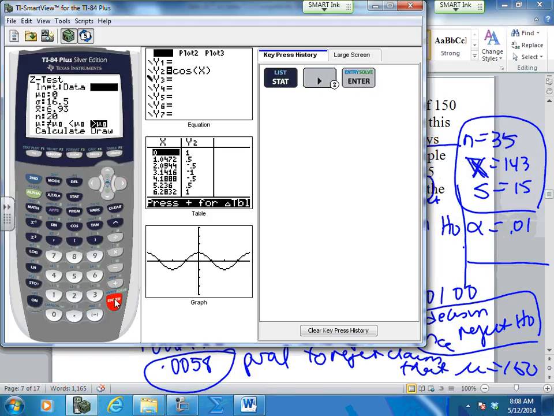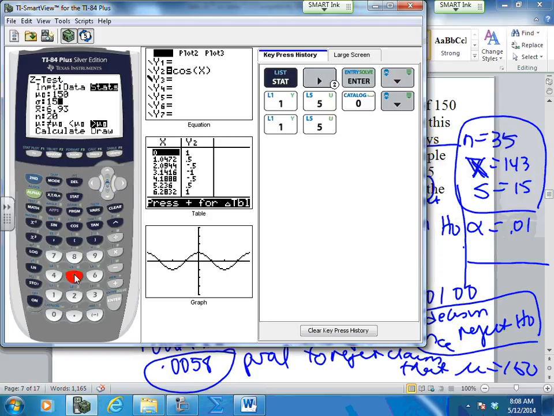Here's your population mean. Our population mean was 150. Your standard deviation is coming from your sample. It says population, but because the sample size is greater than 30, the sample is the same as the population. So your sample standard deviation is 15. Your sample mean was 135.